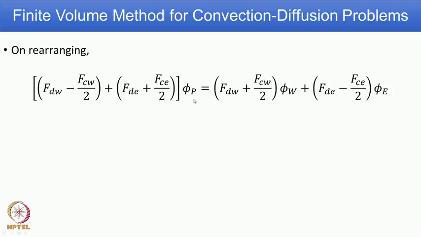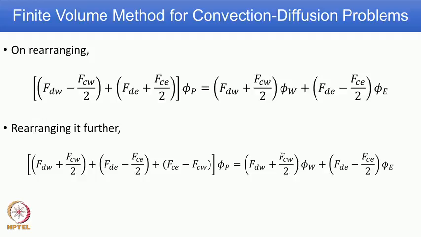So, this is the node of interest, and that is unknown and that is retained on the left hand side. Then on the right hand side similarly the west as well as east variable coefficients are respectively written. As we said many times before, P is the node of interest, and in this case for 1D the node of interest will run from left to right.